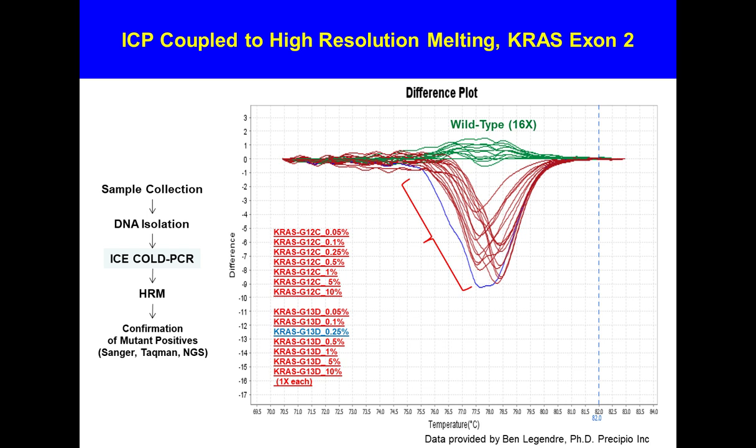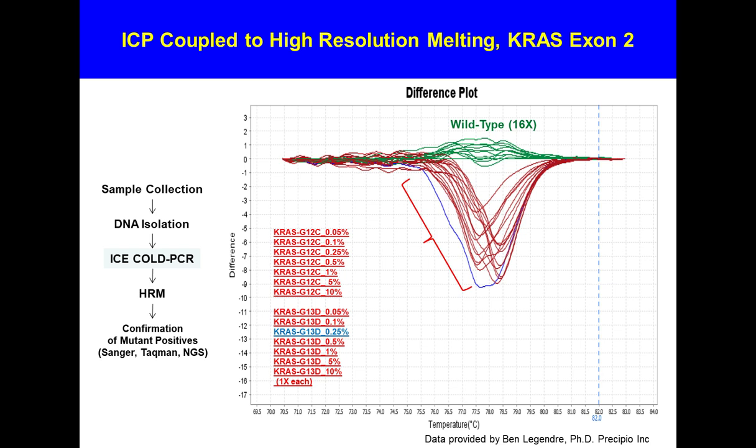So here is an example. We demonstrated that a number of different KRAS mutations can be differentiated down to very low levels, 0.1, 0.05%, from wild type with HRM, prior to doing any other endpoint detection.